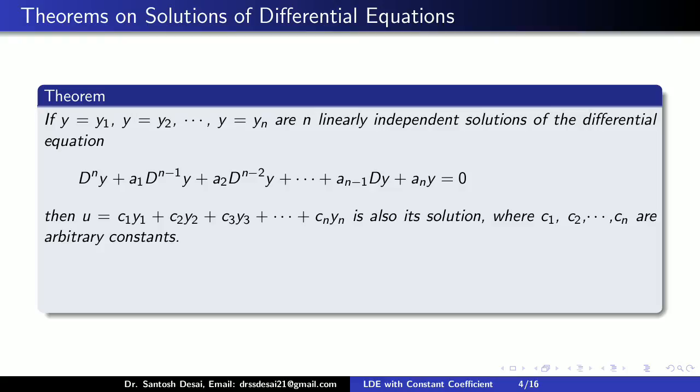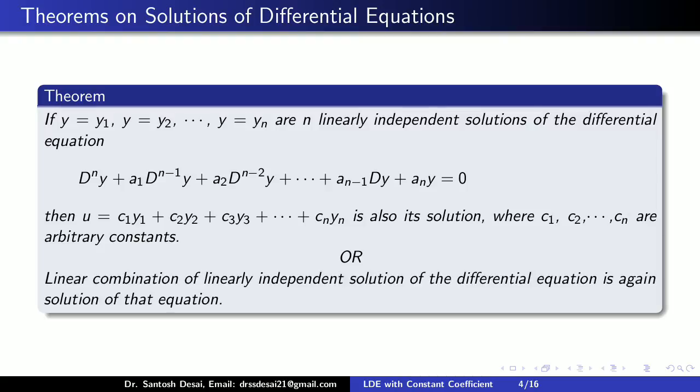So this statement can be rewritten in another language as: linear combination of linearly independent solutions of the differential equation is again a solution of that equation. So if you have the n solutions, then their linear combination is also a solution of that equation. So that is the theorem.